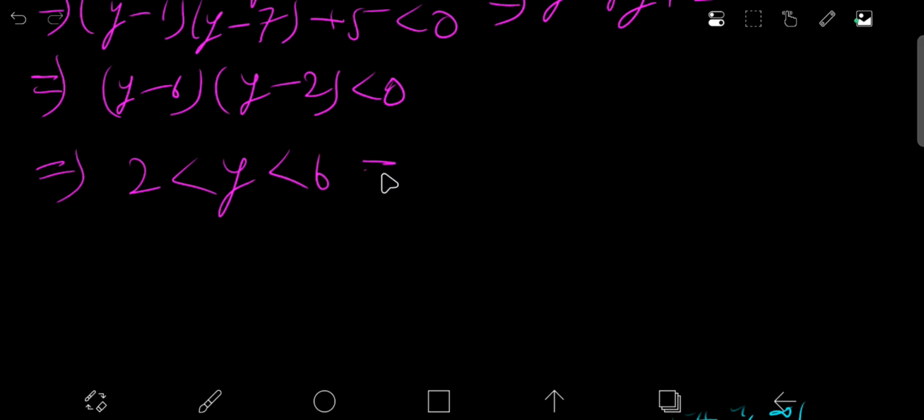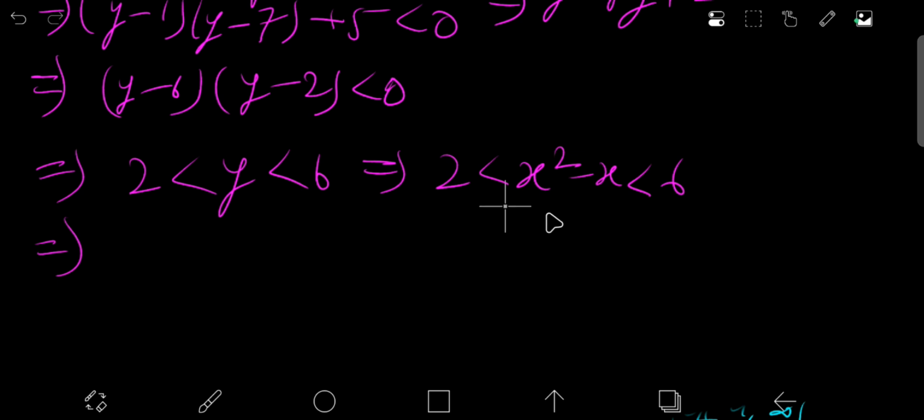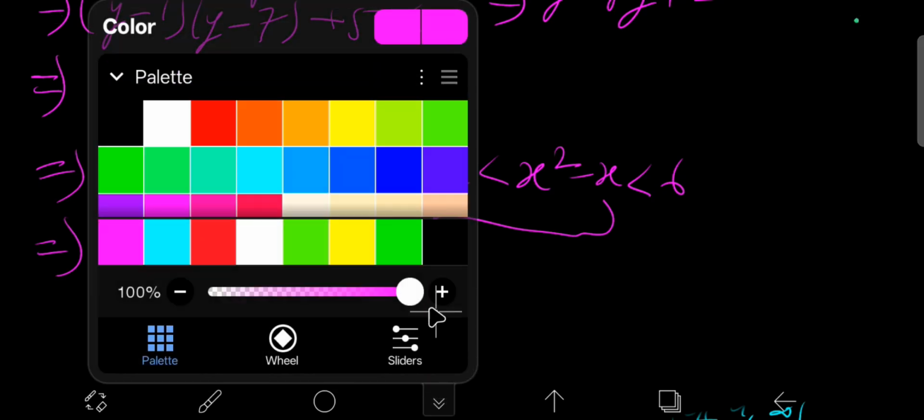From here we take 2 less than y, and now we put the value of y as x square minus x, less than 6.